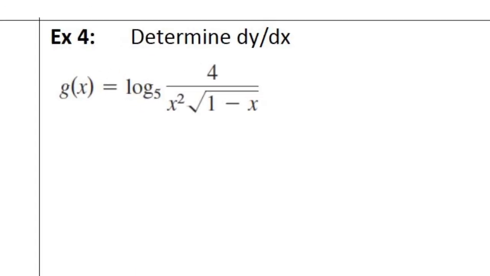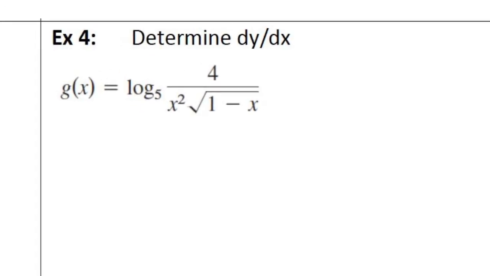For example 4, take a look at this. This is a nasty looking problem. So we're going to let it equal y, and then perhaps use some of the log rules to simplify this. So we will have the natural log of 4 over x squared, square root 1 minus x, divided by the natural log of 5.